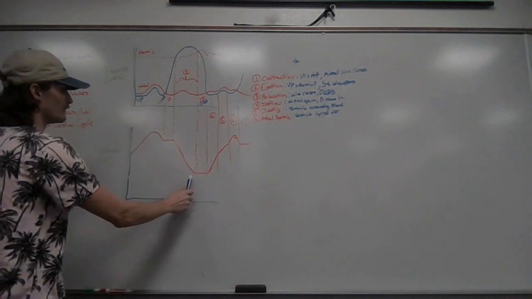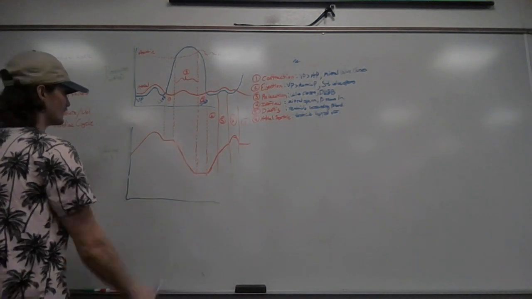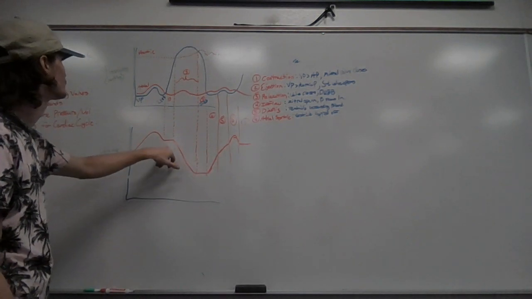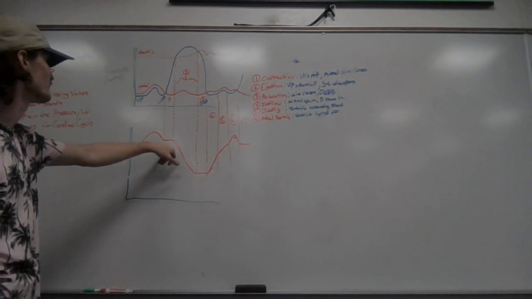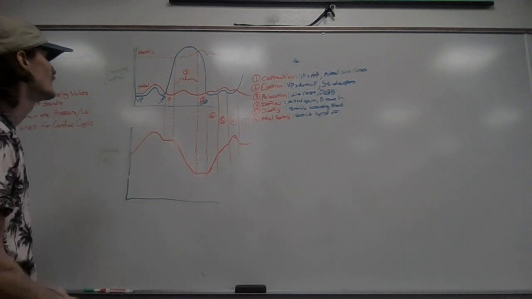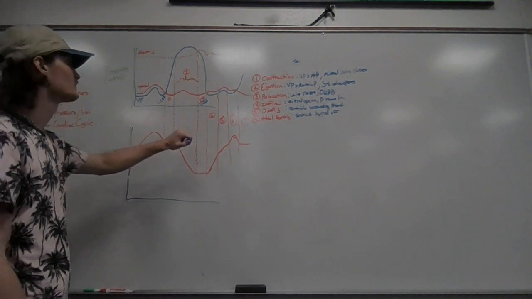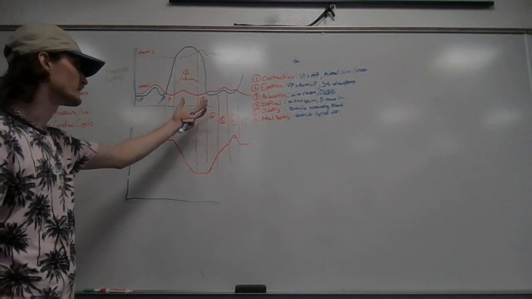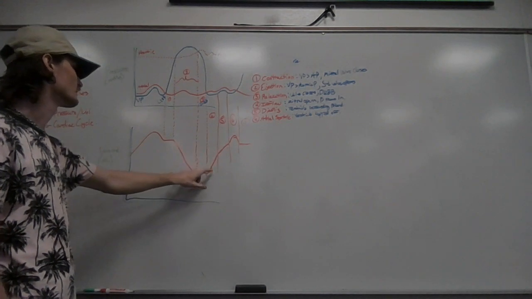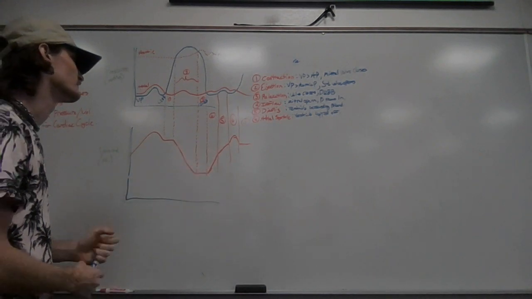And as that valve closes, we have a constant in pressure again, a plateau, just as we did during the isovolumetric contraction versus relaxation. Once that valve is closed, we're going to have an opening of the mitral valve again. Blood is going to rush in. There's going to be a rapid inflow of blood.